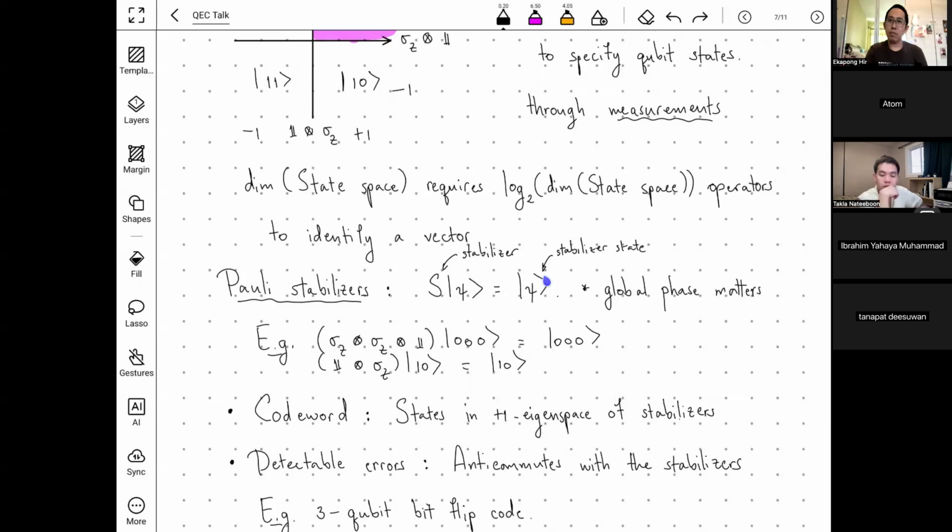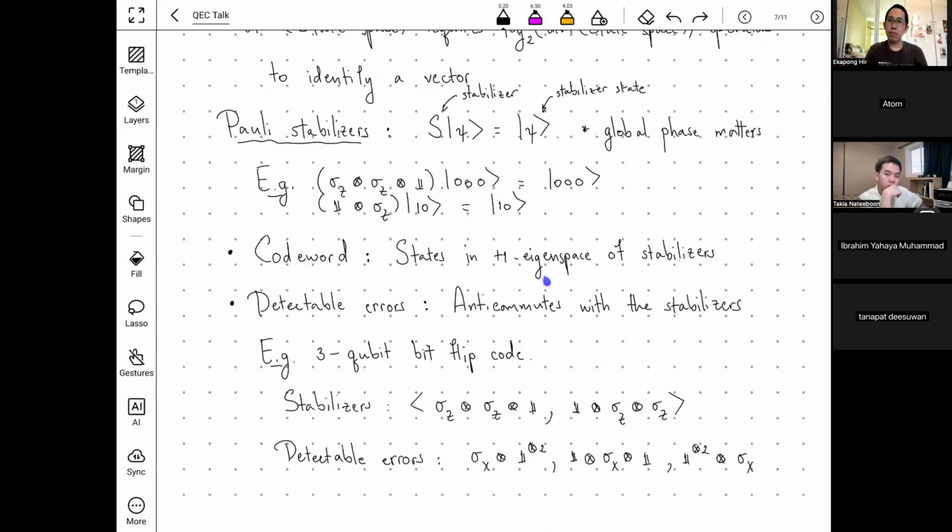Every quantum error correcting code has its own set of stabilizers. Normally, the code word is the state that is in the simultaneous +1 eigenspace of the stabilizers, meaning that the code word is commuting with every stabilizer of the quantum error correcting code, and the errors are just operations that anti-commute with the stabilizers.